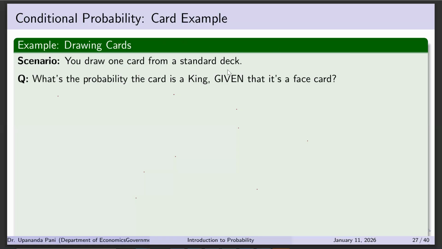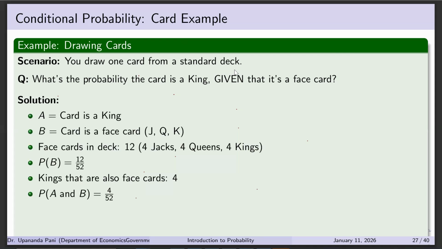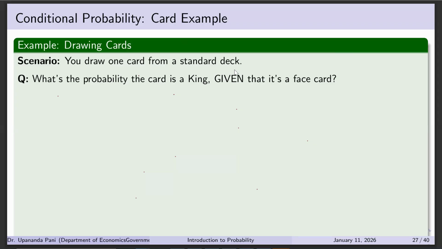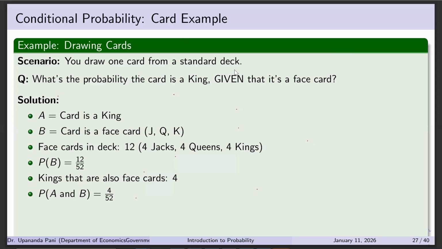First scenario: you draw one card from a standard deck. Again and again I am telling you, in a deck of cards, 52 cards are there. What is the probability that the card is a king given that it is a face card? Let me give you the answer quickly.